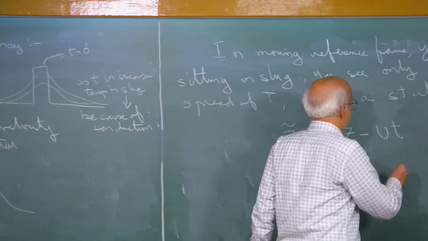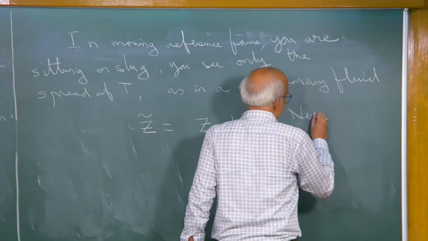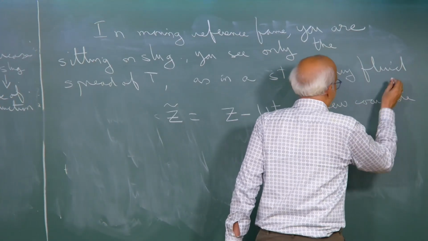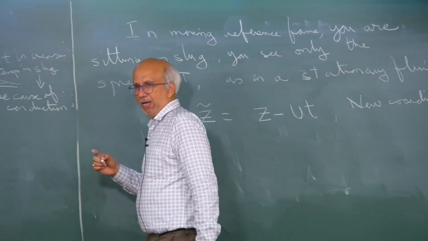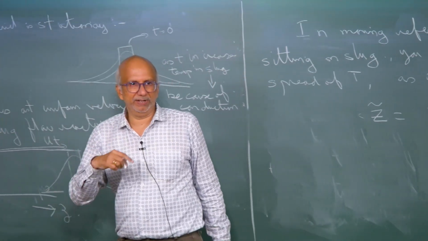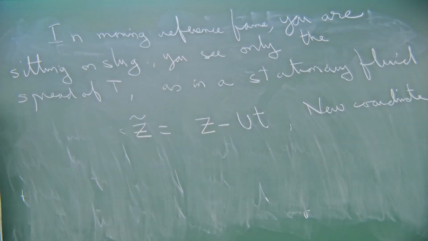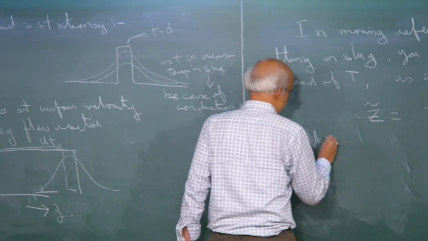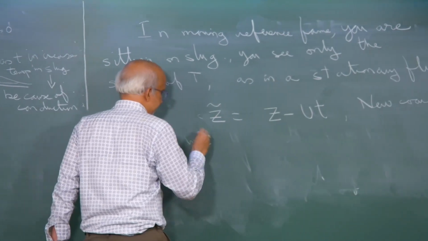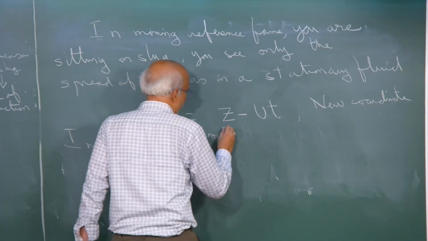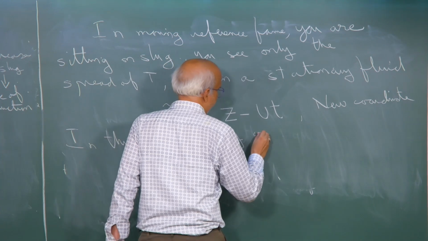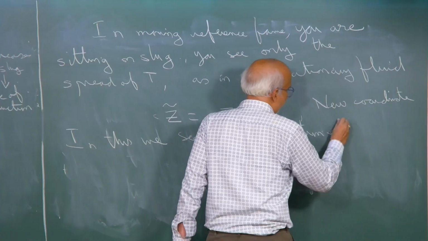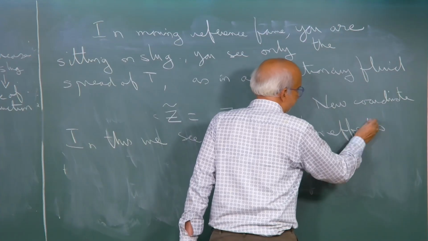So this is my new coordinate, okay, and in this again only the diffusion effects are present, we see only conduction effects. I think I am repeating myself, but it is okay.